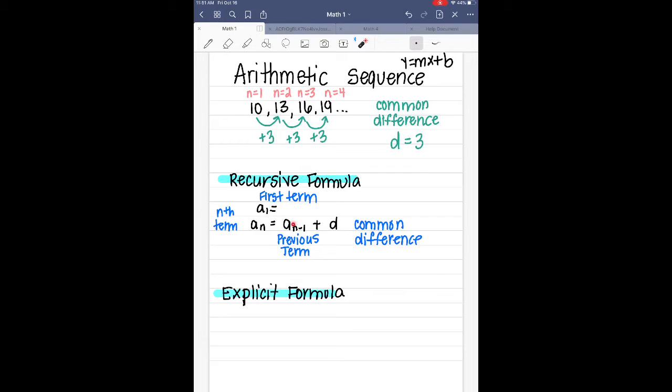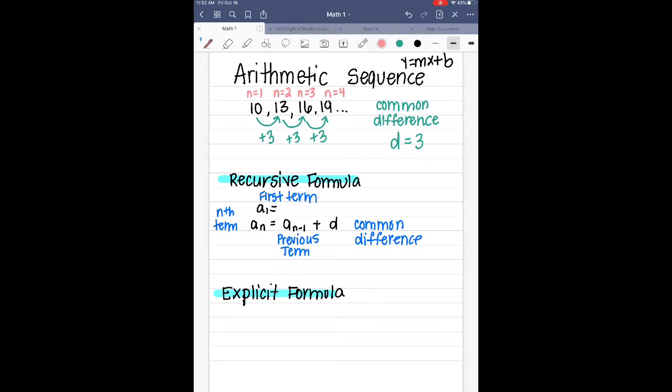So n minus 1 means the previous term, which is why this is a linear process, because you have to know the previous in order to know the next. If you find term 1, then you use term 1 to find term 2. If you know term 2, then you use term 2 to find term 3, and then plus the common difference, which is the value that it's changing by.